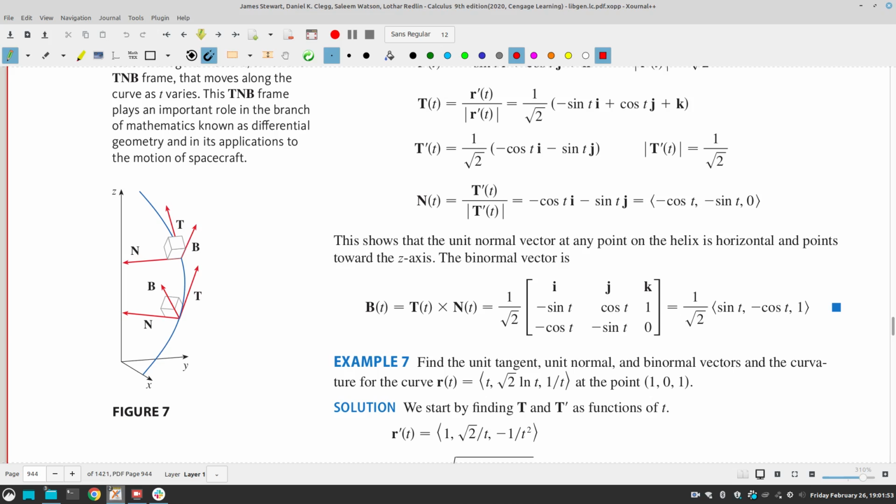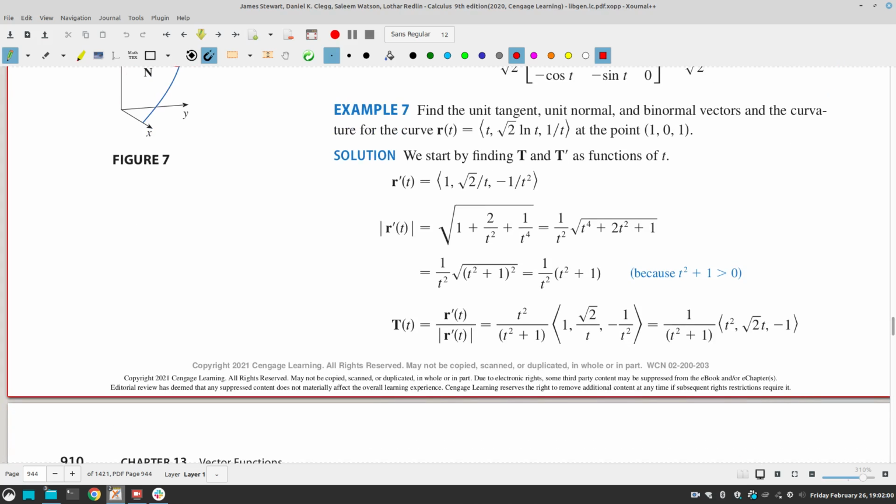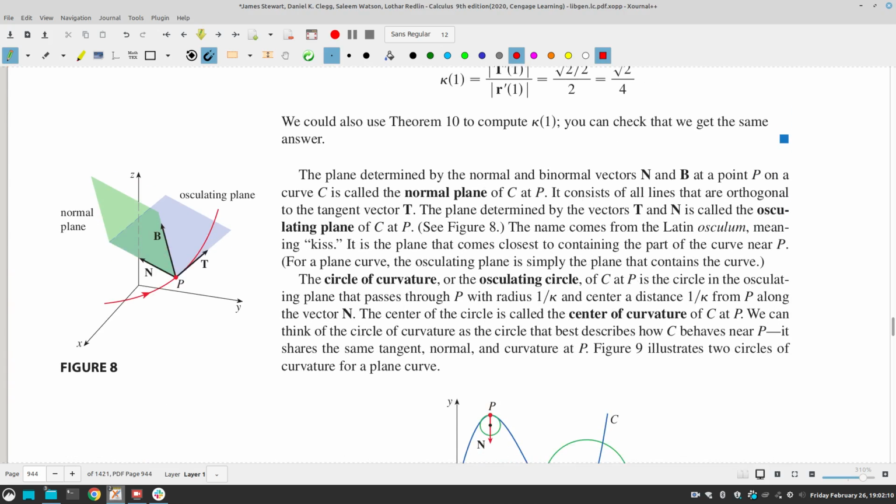Of course this is extremely important when you're studying curve theory in differential geometry. This is basically the introduction to curve theory in differential geometry.